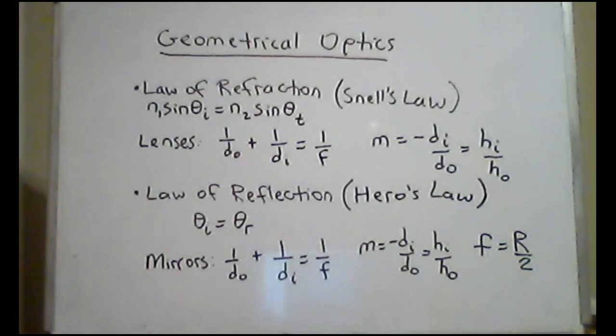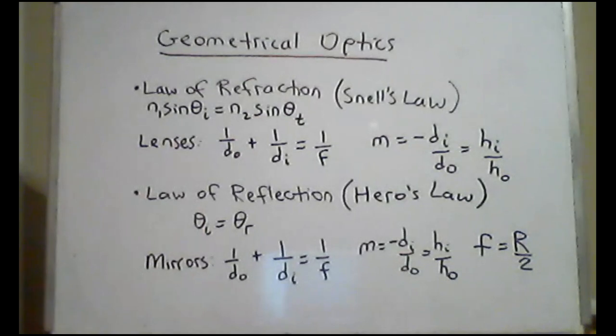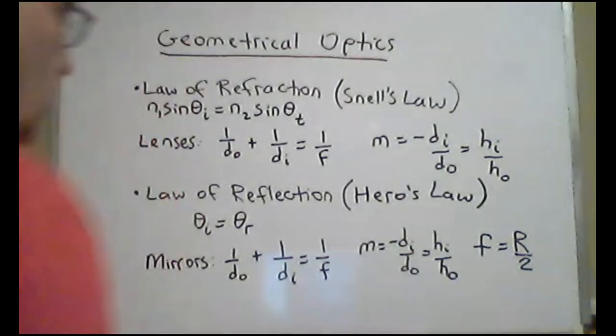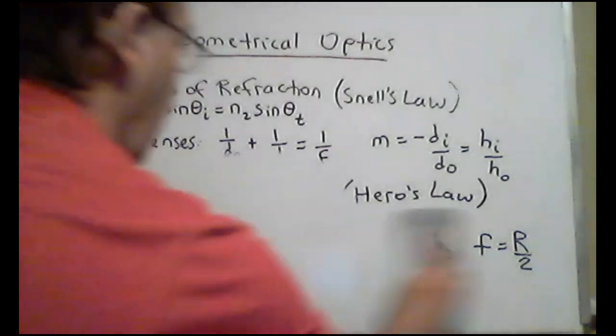Now we're going to discuss a biological application, and that is the human eye. We're going to show how we can model the human eye very well with the information that we learn in geometrical optics. Most of this lecture is going to be about the operation of the human eye.